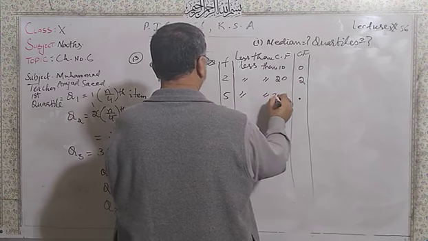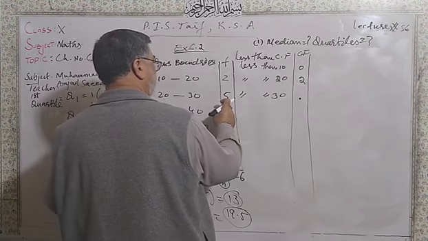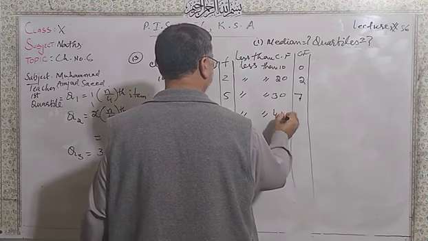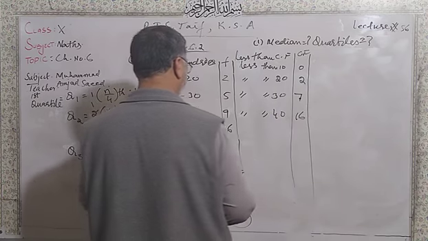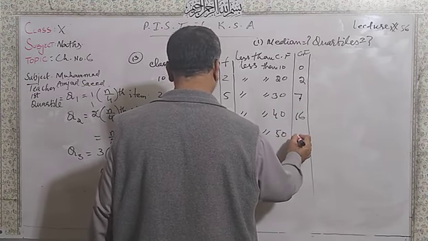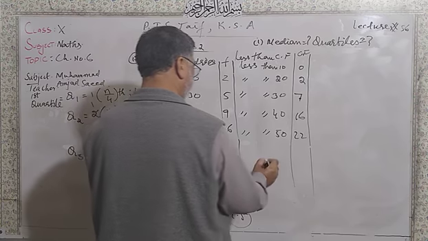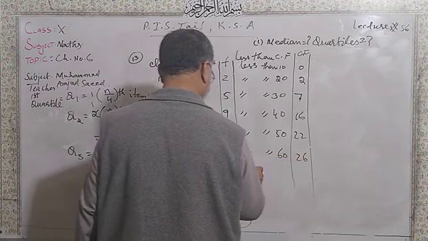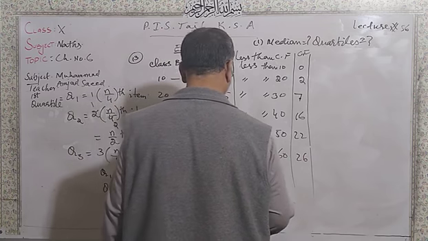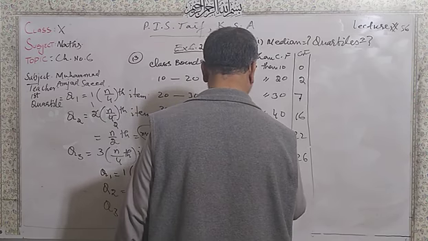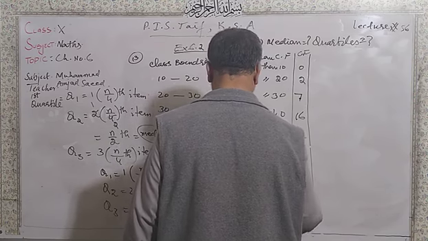Less than 30 will be 2 plus 5 is 7, less than 40 is 16, less than 50 will be 22, less than 60 is 26, and then less than 70 is 27.